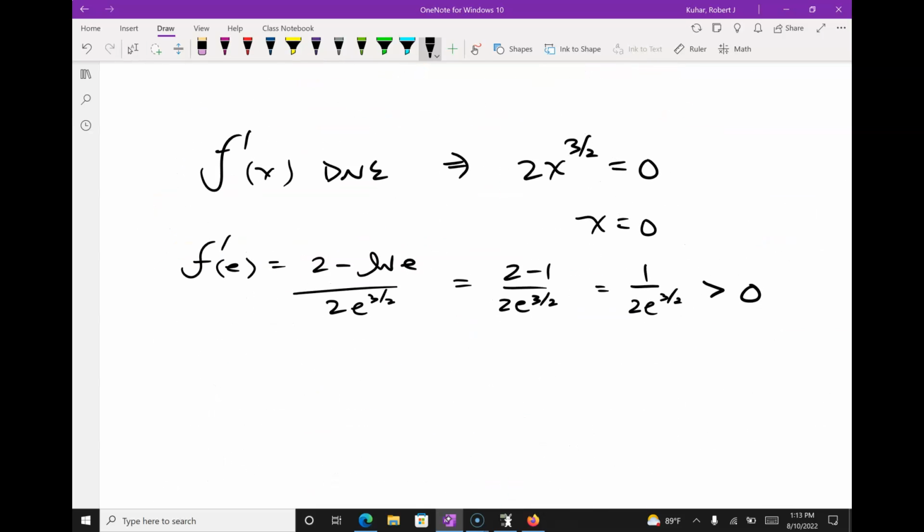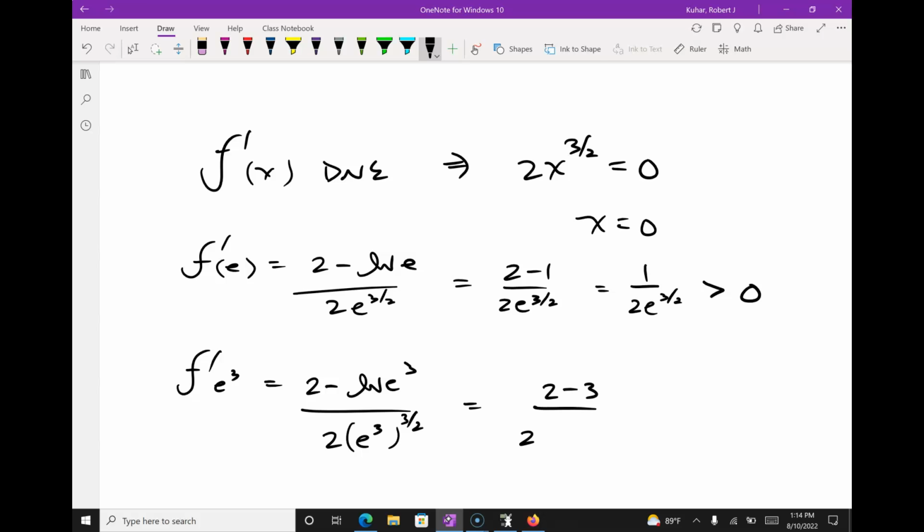Let's double check e cubed. So ln of e cubed is 3. What do you know? Correct. They're inverse operations, inverse functions. And that's negative, just like I thought, right?